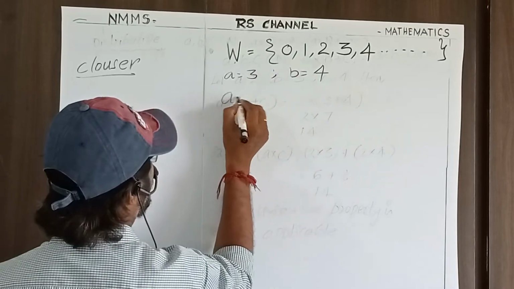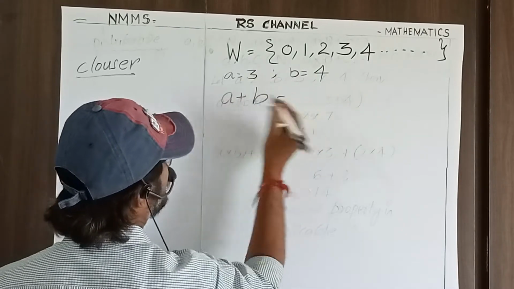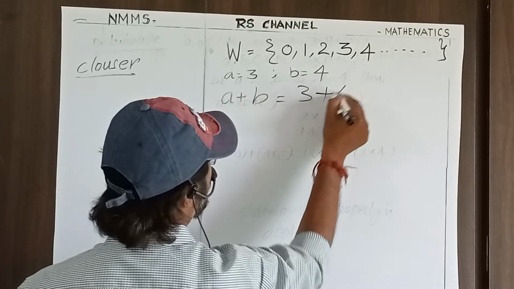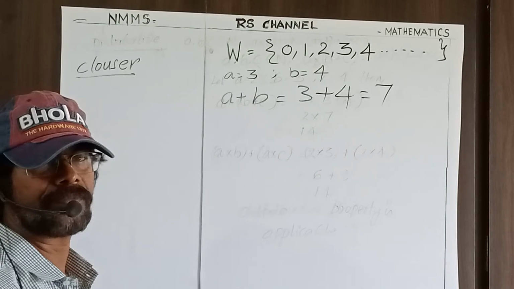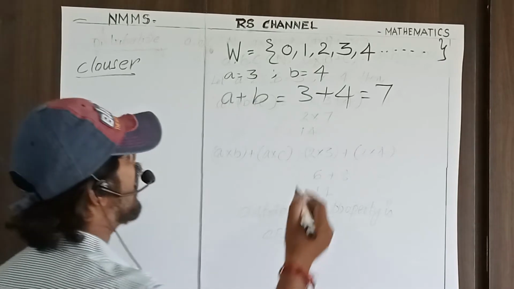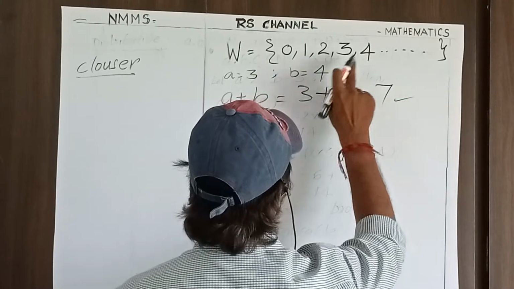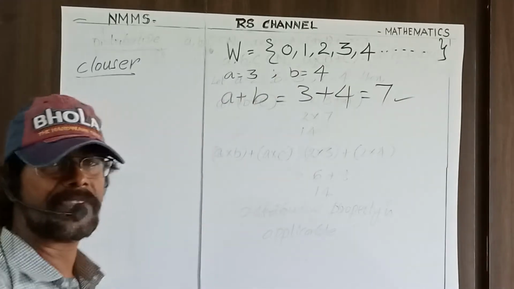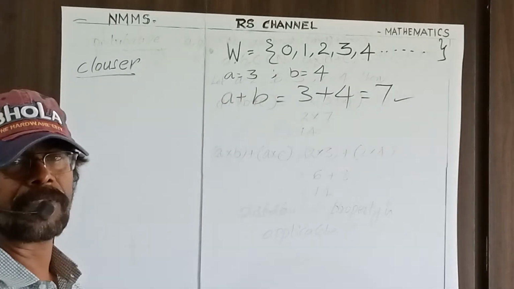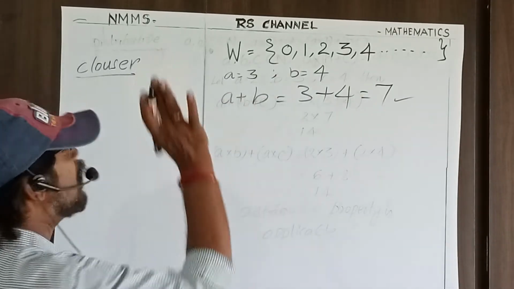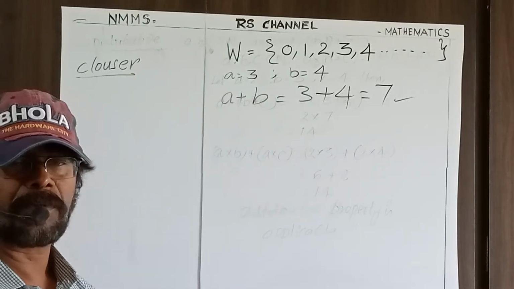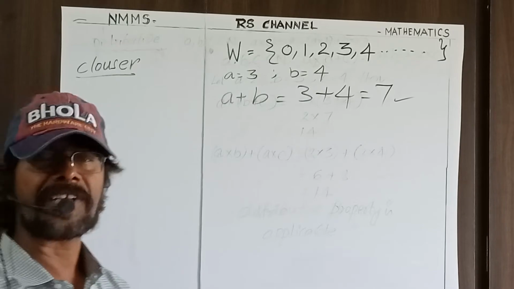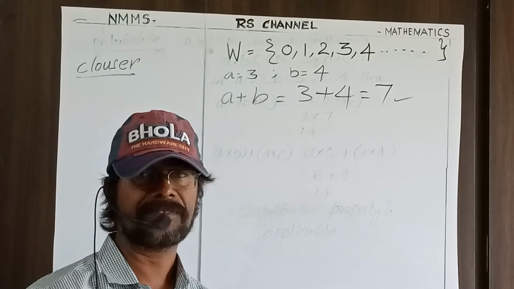Now A plus B is equal to 3 plus 4, that is equal to 7. Okay, and 7 is also a whole number. 7 belongs to whole numbers. So closure property is applicable in addition for whole numbers. Understand?